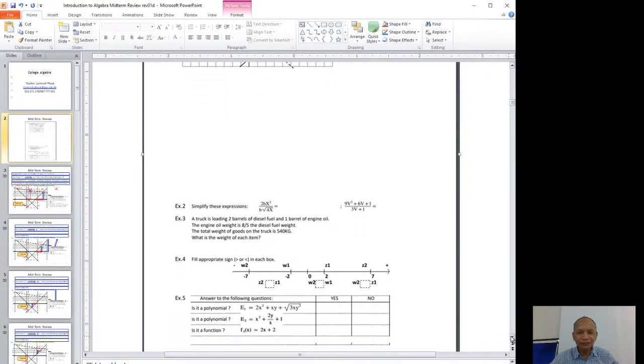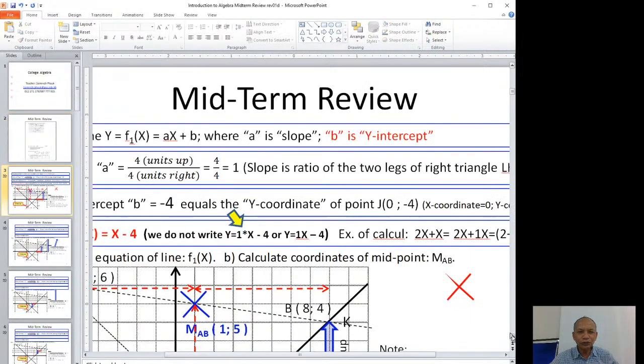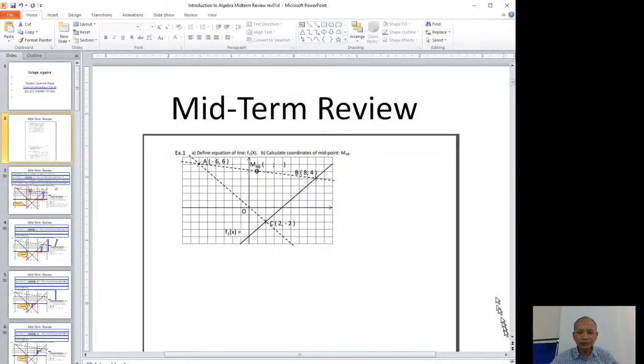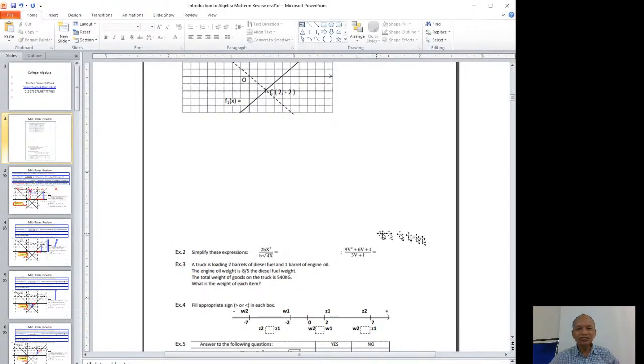simplifying the expression. We have two expressions for you to simplify. How to solve this, I already explained in the last session. And you can also see the example of how to solve this on the exam sheet with solution.